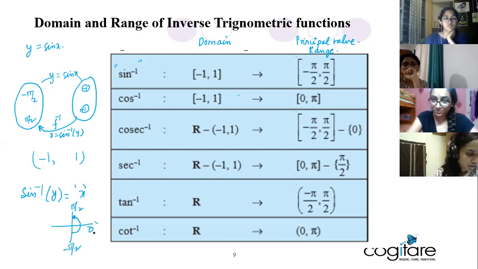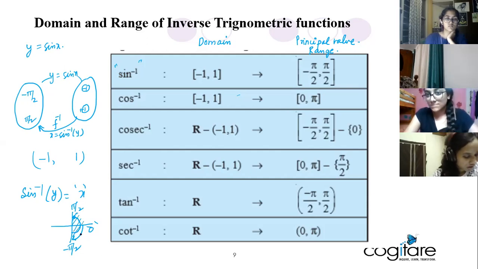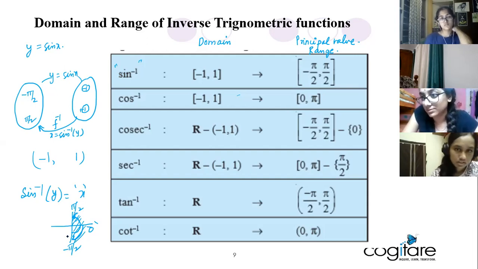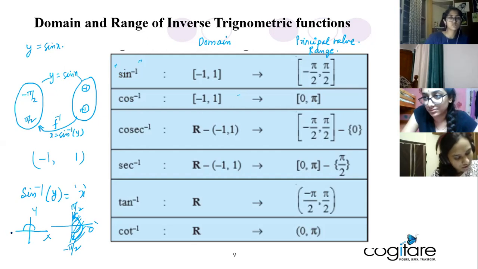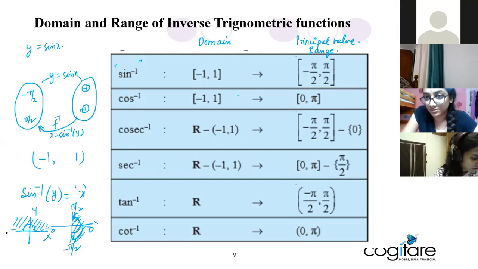Minus pi by 2 means from the x-axis you go in the opposite direction. This is the realm of sine inverse of x. Whereas cos inverse of x is 0 to pi. So cos inverse of x means this is the x-axis, this is the y-axis, and this is the realm of cos inverse of x, 0 to pi.